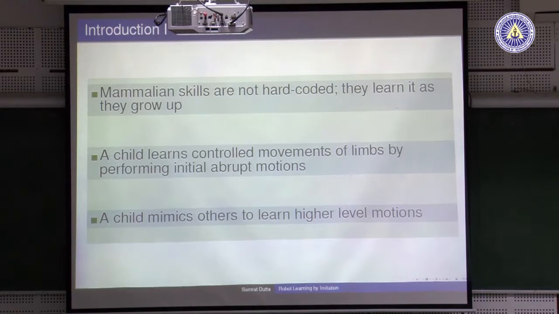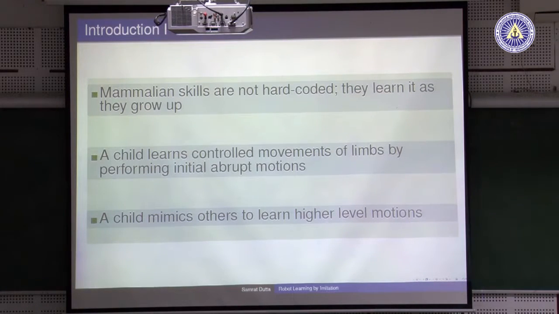Skills in mammals are not generally hard coded in their brain. We learn them as we grow up. When a child is born, he or she knows how to move a hand, but cannot do it precisely. Eventually we learn it.